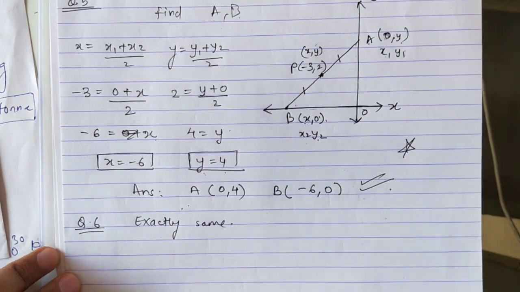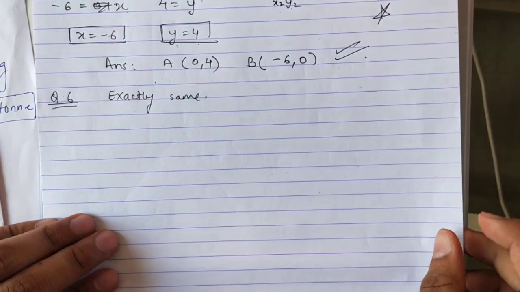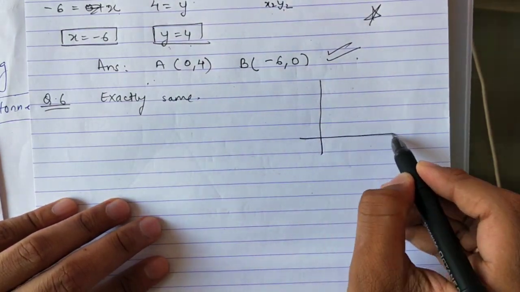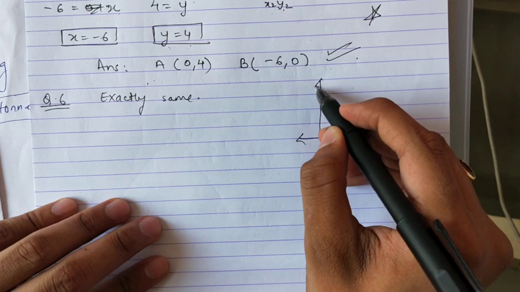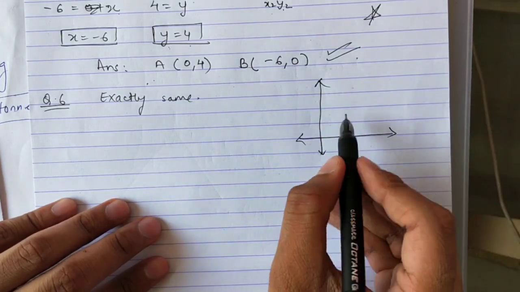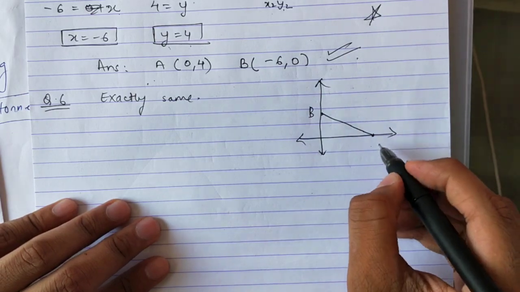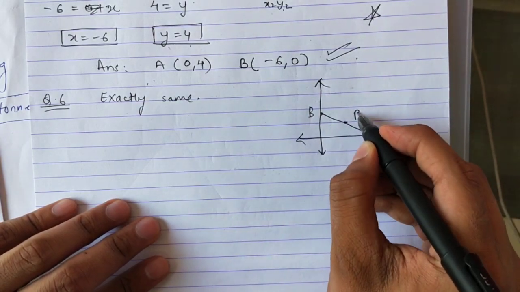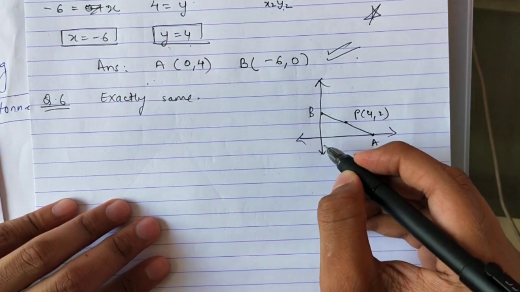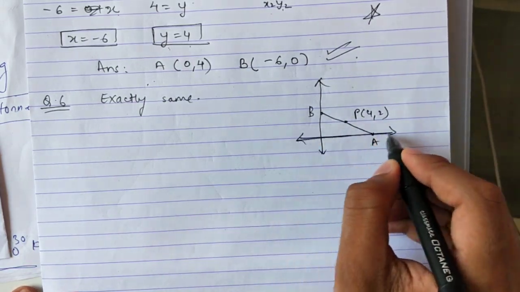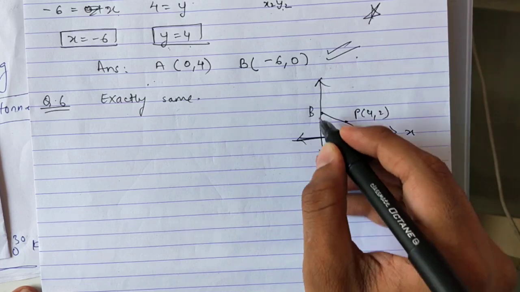Question number 6 is exactly same. So this type of a diagram you have. I want you to solve it on your own. Points B, A and P, where P is given as 4 comma 2 and it is said that P is the midpoint of AB. I told you, this is x-axis and this is y-axis.